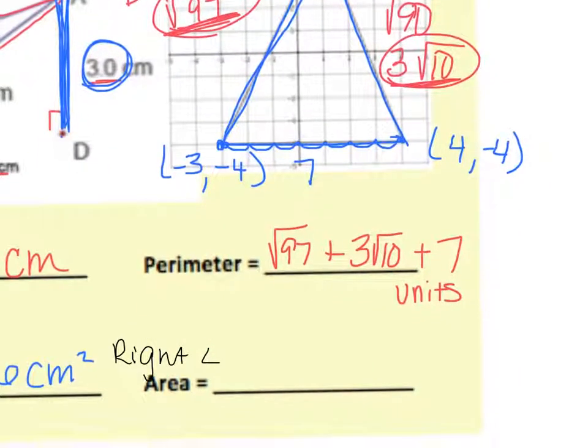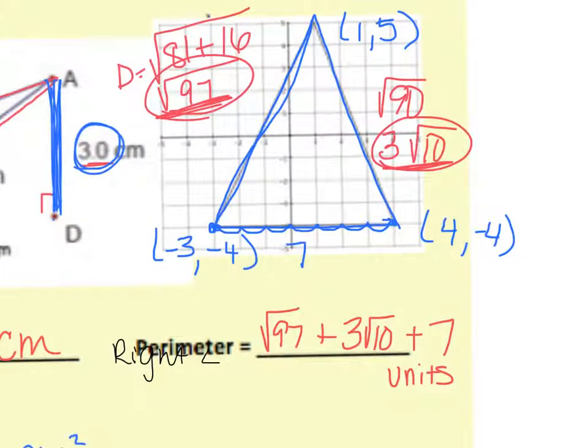Okay, now area. Again, I don't really have the height drawn in, but I'm going to draw the height from the highest point to the lowest point here. And again, this is nice because I can just count this. So 1, 2, 3, 4, 5, 6, 7, 8, 9. Okay, so that height is 9, and the base we already know is 7.